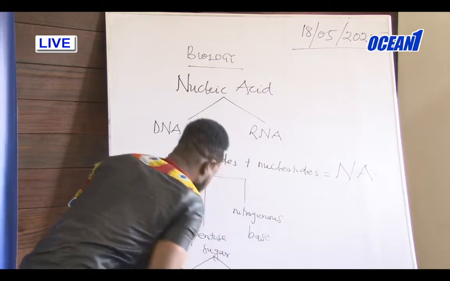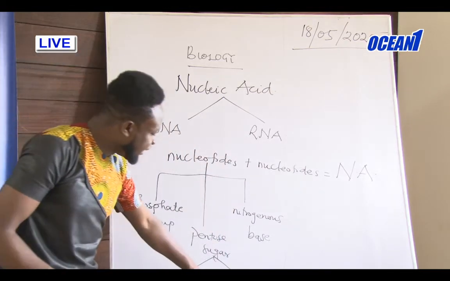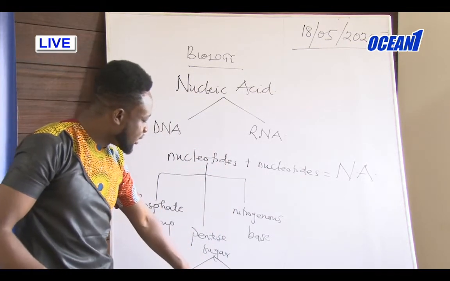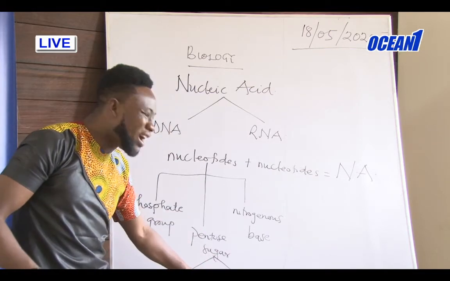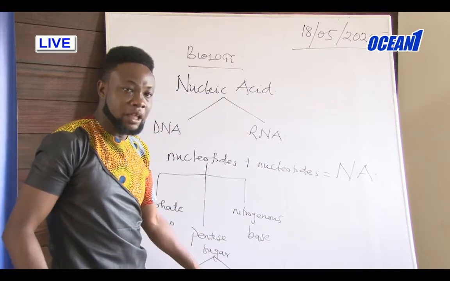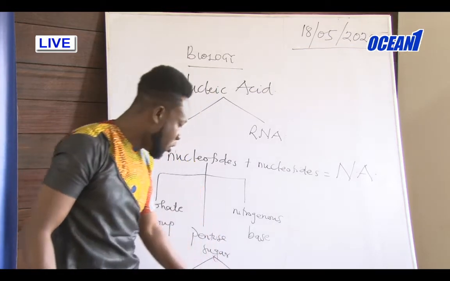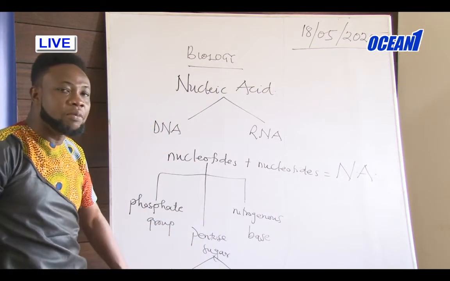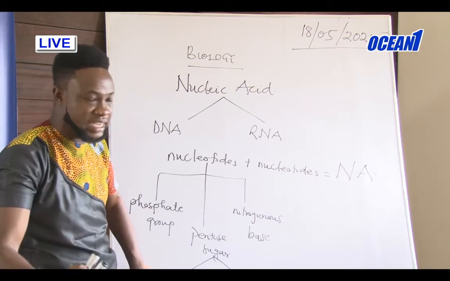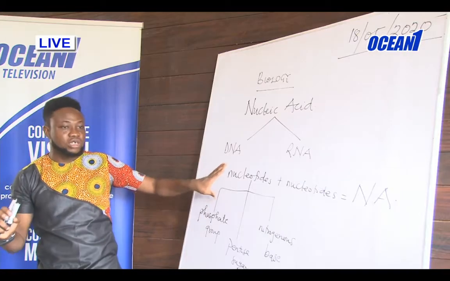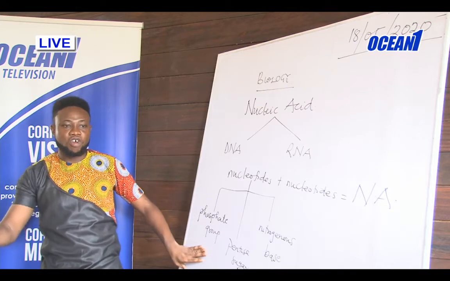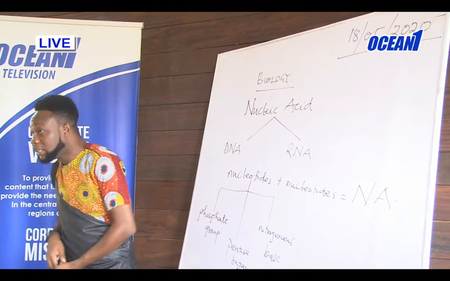As the name implies, deoxy means that in the ribose sugar, one oxygen molecule is lost. So when one oxygen molecule is lost, it is called deoxyribose. Then with the ribose, all the oxygen molecules are intact. As I said, we will take the nucleotide into details.